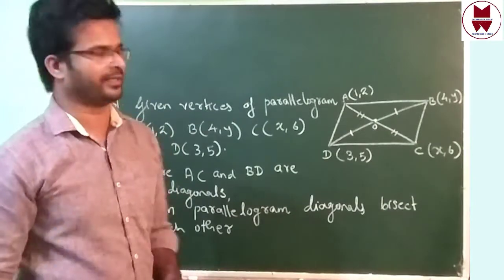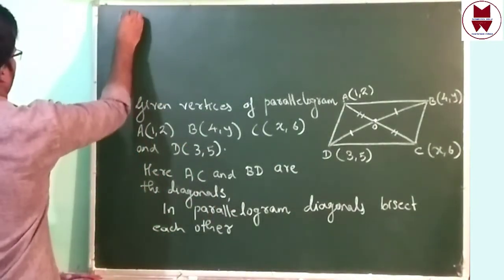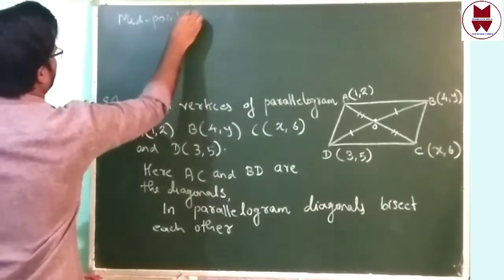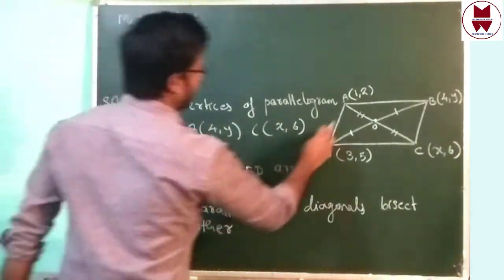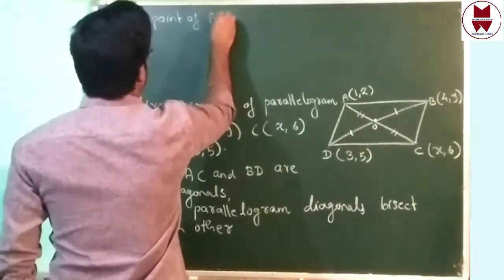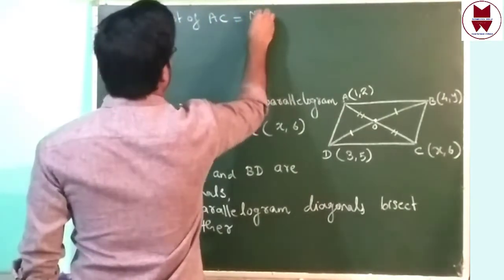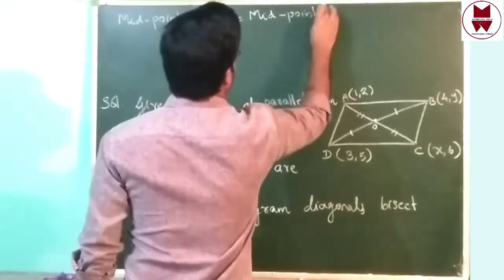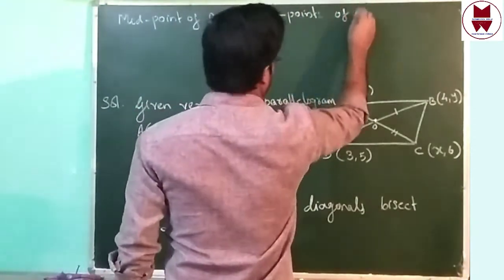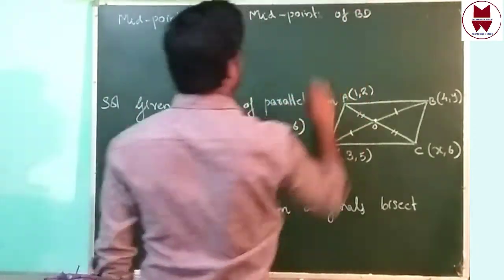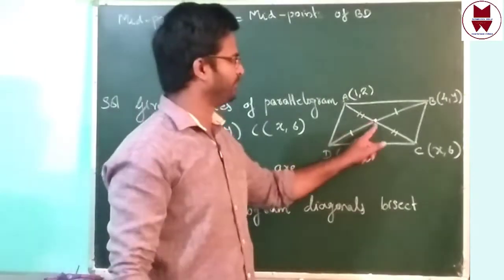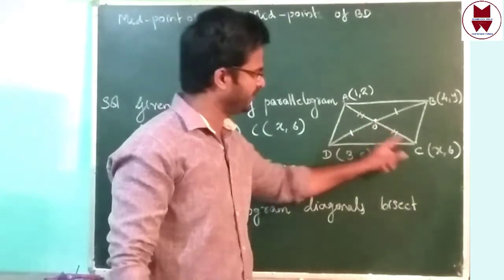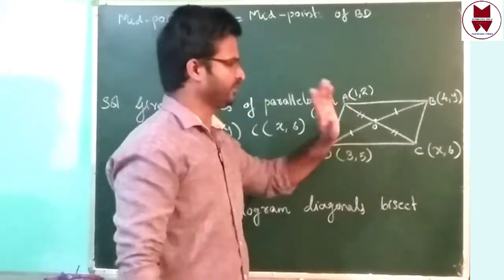That's why we can write midpoint of first diagonal AC equal to midpoint of BD. And here there is only one common point, this O, isn't it? That is the midpoint of AC and midpoint of BD. That is the common point.